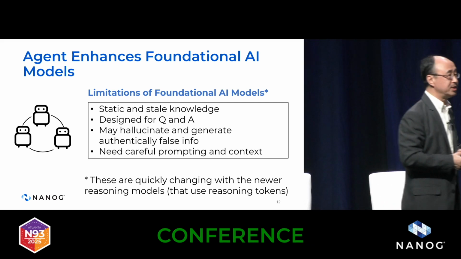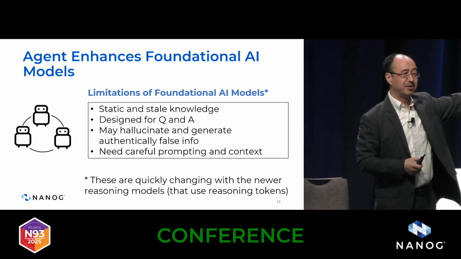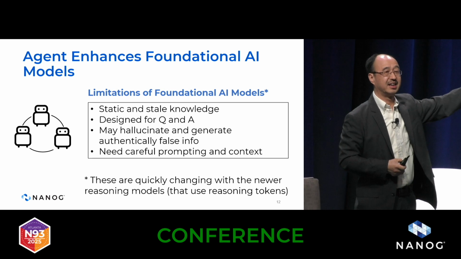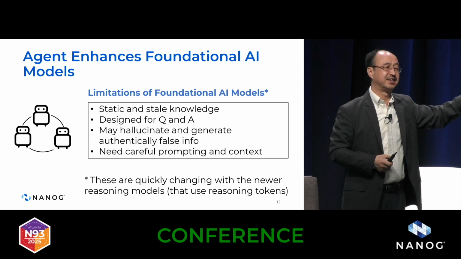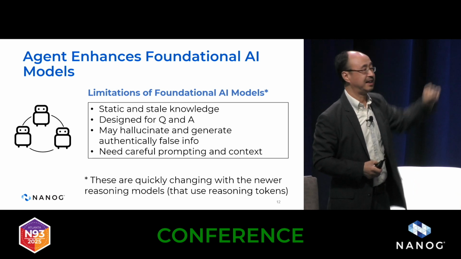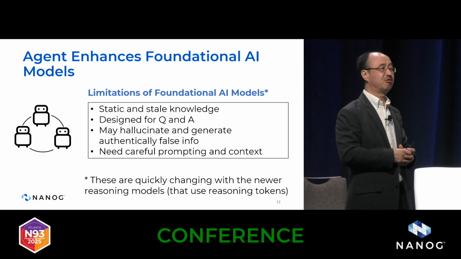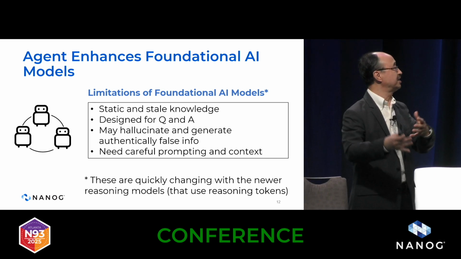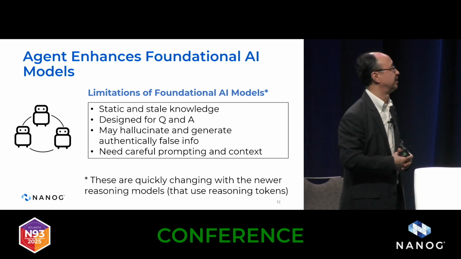Most foundational models, with that caveat aside, have static knowledge, right? When they perform the training, that's a freeze of the knowledge. It's static and stale knowledge. And most of the foundation models are designed for question and answer interaction with humans. It's human-machine interaction.